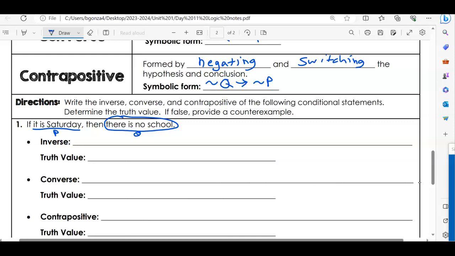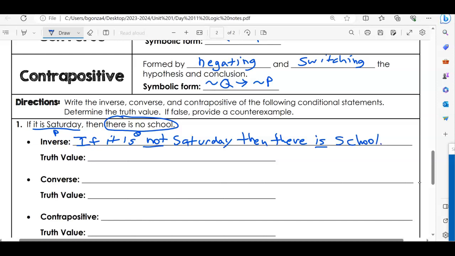You make them both opposite. So if it is not Saturday, then there is school.